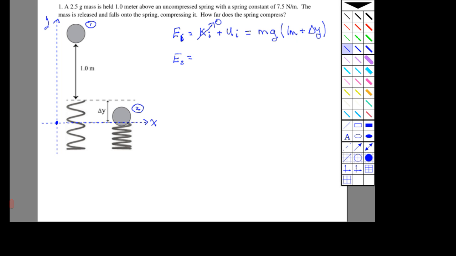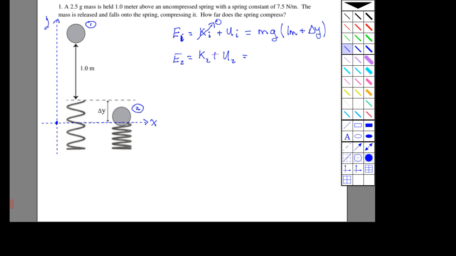This is just, again, the sum of our kinetic energy at 2 plus our potential energy at 2. Now, this ball falls, it gains kinetic energy, but as it interacts with the spring, all that kinetic energy gets converted into potential energy of the spring.